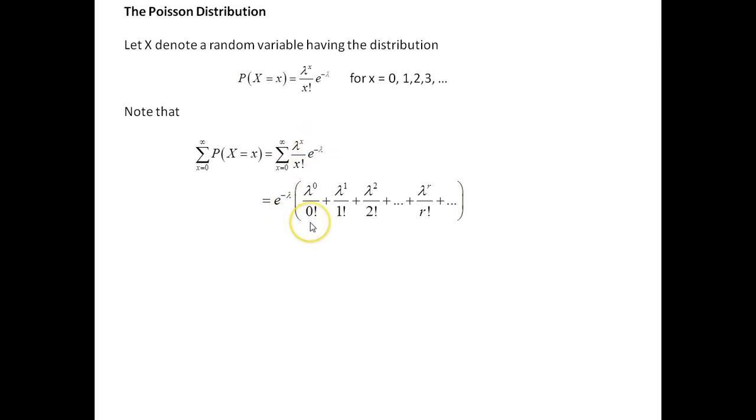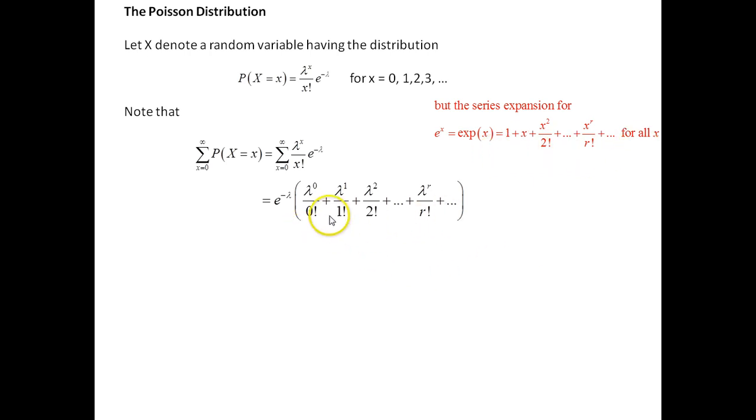If I put x is 0 in, 1 in, 2 and so on, going from 0 to infinity, I can take the e to the minus lambda out as it's a constant. There's my expansion of the sum, but I also know from the information book, or from Maclaurin's series expansions, that the series expansion for e to the x is as we have there.